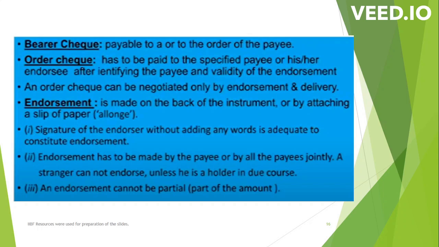Sometimes when you're writing on the backside of the check, space is not there. So when you attach another piece of paper to write your instructions, this is what is called an allonge, which is mentioned here. The signature of the endorser is a must, and without adding any word it is adequate for endorsement. When someone is signing on the backside of the check, this is endorsement. This is a blank endorsement.